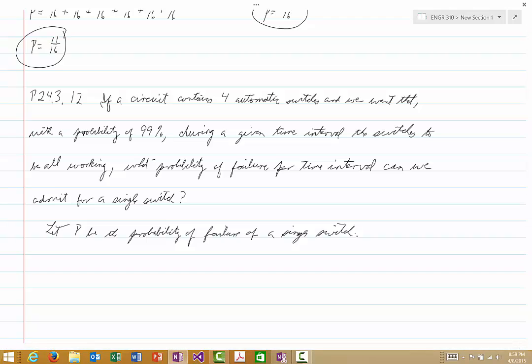Now, we want the switch not to fail, but to work during the entire time period. So let's just point out that 1 minus P is the probability that the switch does not fail.